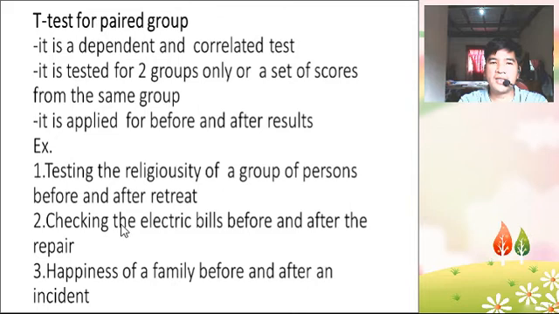If you want to check the electric bills before and after the repair, you can also use this t-test. If you want to test the happiness of a family before and after an incident, you can use this t-test. So there are before and after results.